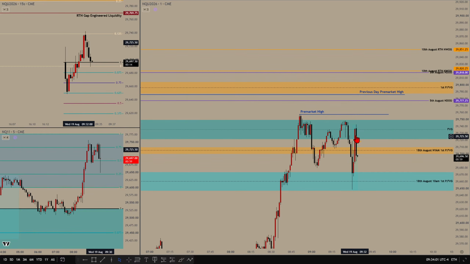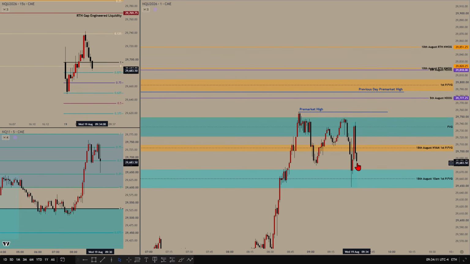Alright, that might become a first presented order block, so we'll keep that in mind. You should not be taking any trades yet because there's no black bell model and there's nothing to trade off of.